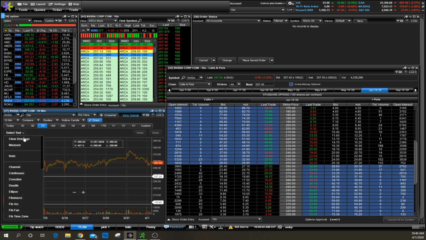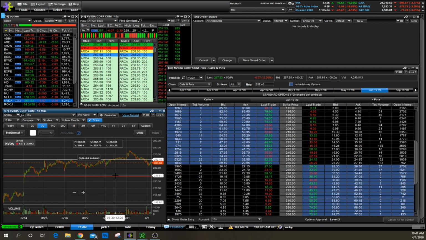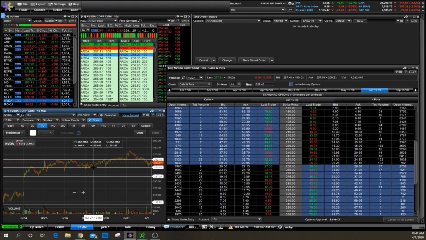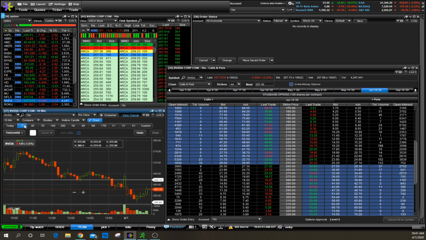Draw some support and resistance on this. Obvious resistance right there at 262. Support here at 250.50-ish. So that's the range for now.